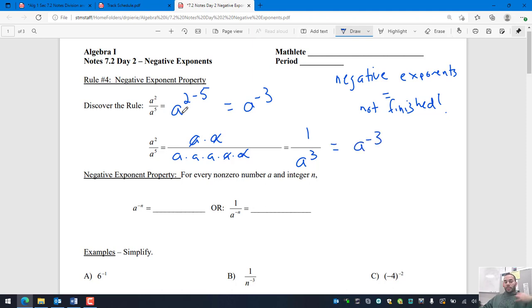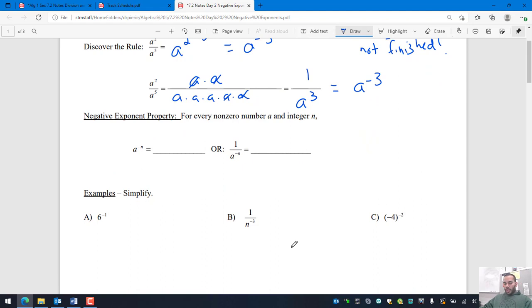Okay, so in short, this is how you get rid of negative exponents. So if you're ever dealing with a to a negative number, the way you get rid of it is by moving it to the denominator and making it positive. So if I give you a to the negative nth power, a way to rewrite that is 1 over a to the positive n. Okay?